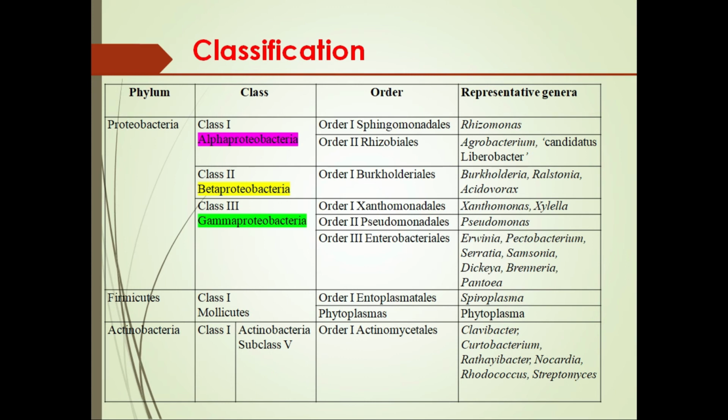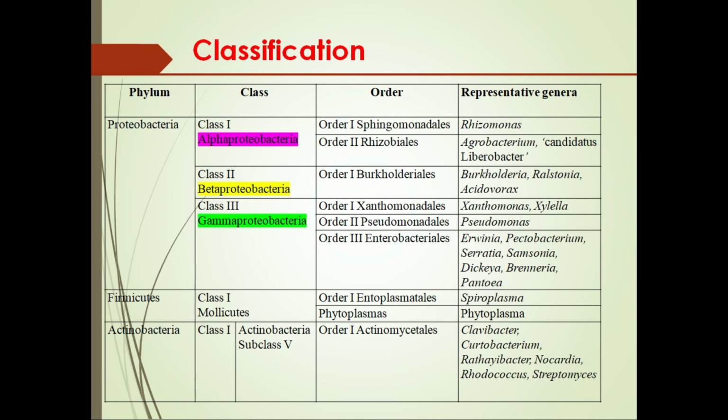We have orders under class Gammaproteobacteria also. The class Gammaproteobacteria is the largest one. We have most of the plant pathogenic bacteria in this class. You can have a look at the representative genera under each order.